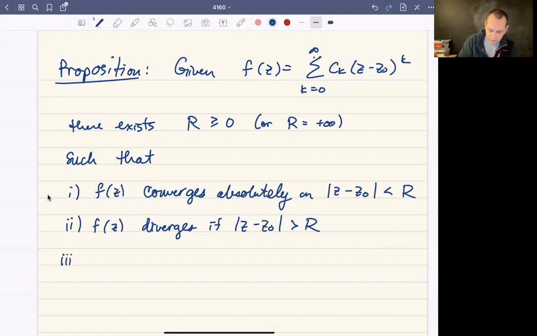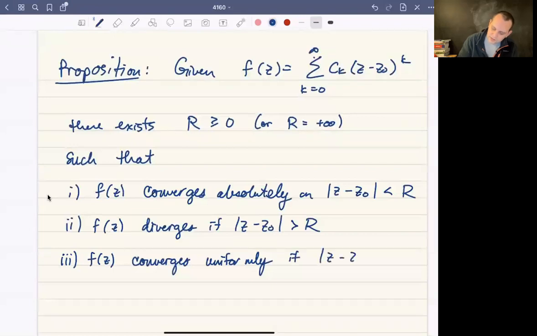And a little bit more, so this is the part that's going to be new to you probably, and this is similar to what happened in one of the previous examples, but F converges uniformly if the modulus of z minus z naught is less than or equal to some little r, where little r is some positive number less than R. Okay, so that's what's going to happen here.